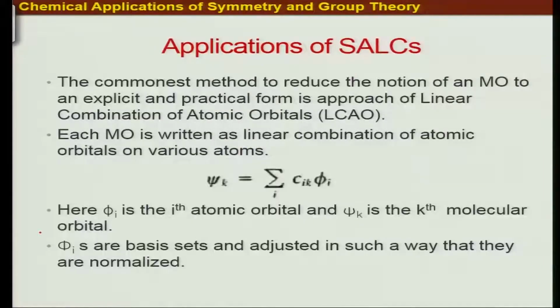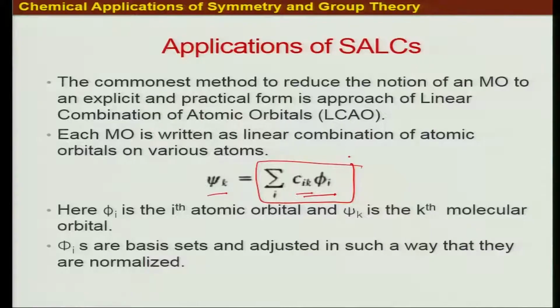If we have the wave function for the ith atomic orbital in a molecule as phi i, and psi k is the kth molecular orbital, then I can express psi k in terms of all the phi i's, with a particular coefficient which is denoted as C ik. So this particular combination is nothing but a linear combination, right?